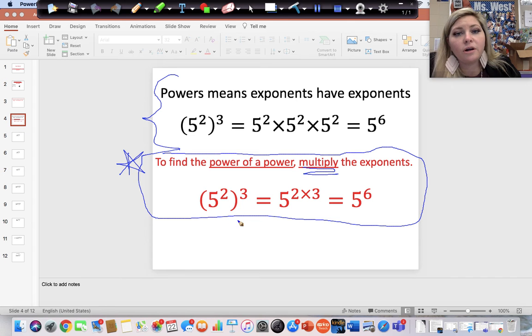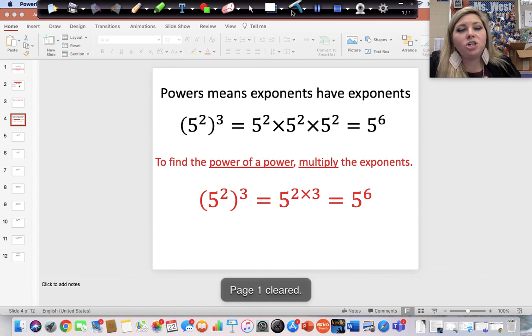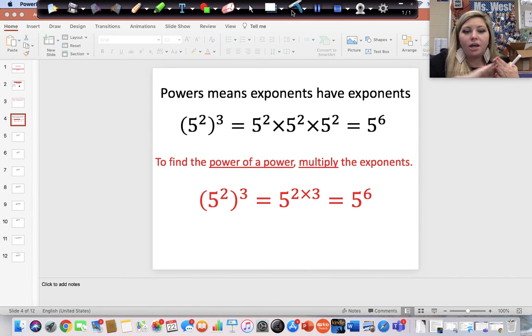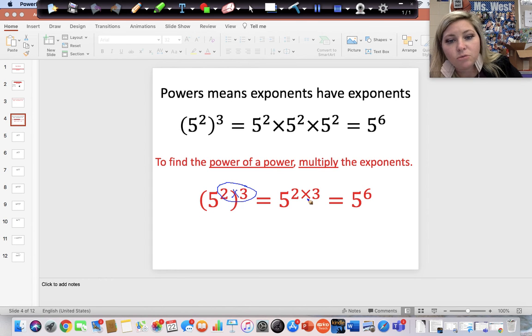So this is the shortcut. Instead of doing what we just did, where we wrote out every single thing and then we wrote it out again and then we counted all of our 5s and then got our answer, what you can do is just multiply your 2 exponents together. So 2 times 3 gives us 6. So it's 5 to the 6th power.